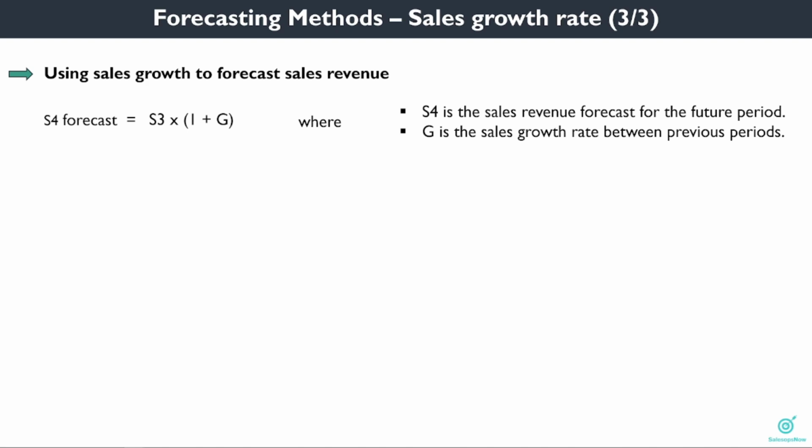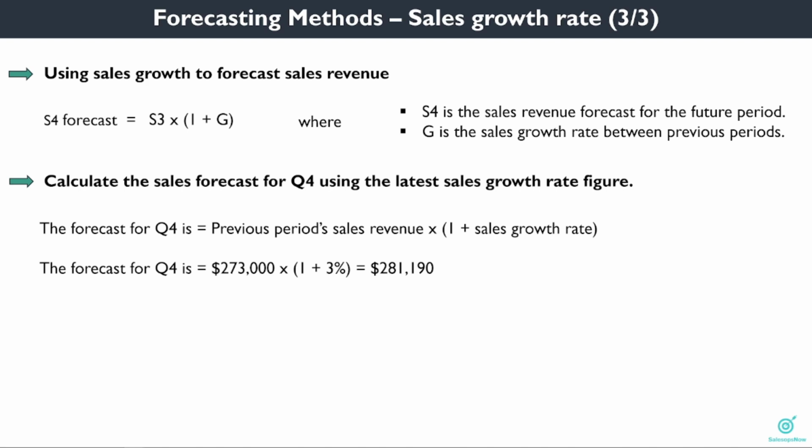G is the sales growth rate between previous periods, so between Q3 and Q2. So, sales forecast for Q4 is 273,000 multiplied by 1 plus 3%. So when we apply the formula, the result is 281,190. A reasonable sales forecast for Q4 is therefore 280,000.